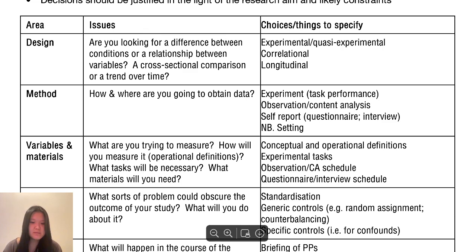If you need me to slow down or repeat anything, you can let me know. Then the choices or things to specify for design: experimental or quasi-experimental, correlational, longitudinal. These are the three categories that you have to specify.